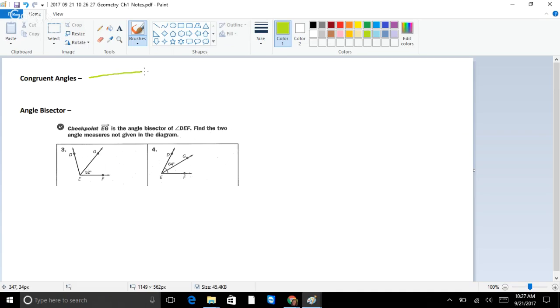So let's draw a little picture over here. Okay, so a congruent angle would be, for example, if I have this angle and this angle, I'll try to draw them the same.